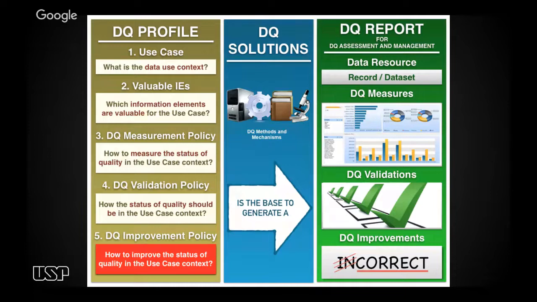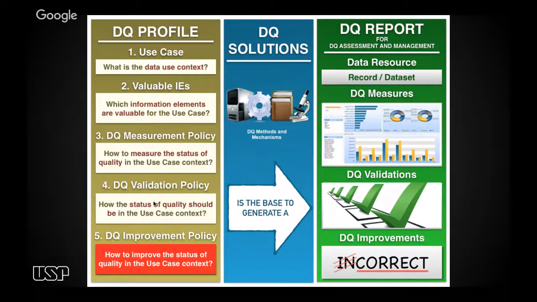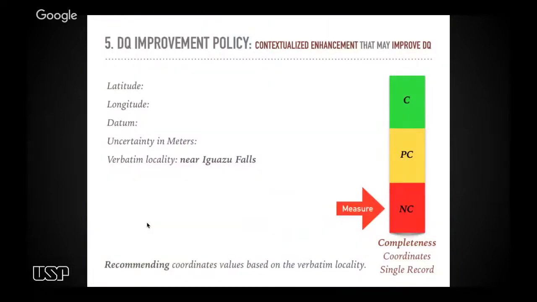And the final part of the data quality profile is the improvement policy. How can I improve the measure of the quality to make data more suitable according to these criteria? So basically this improvement says how can I improve the quality of the data according to my dimensions?